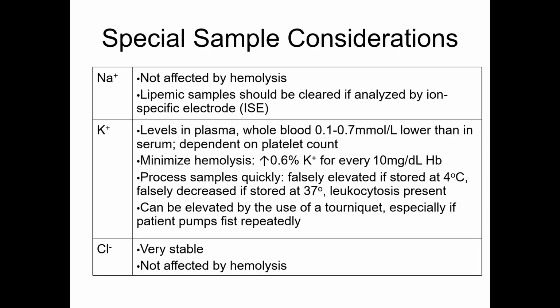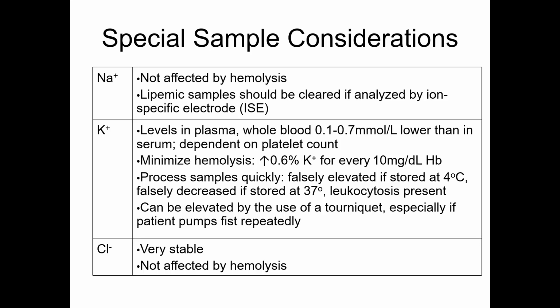Levels in plasma and whole blood are 0.1 to 0.7 millimoles per liter lower than in serum, and it's also dependent on platelet count. If we have active cells, those cells are going to be taking up potassium from the environment, so that can decrease our potassium levels.